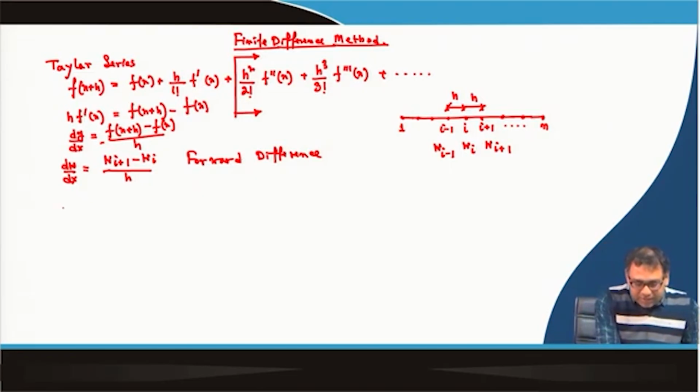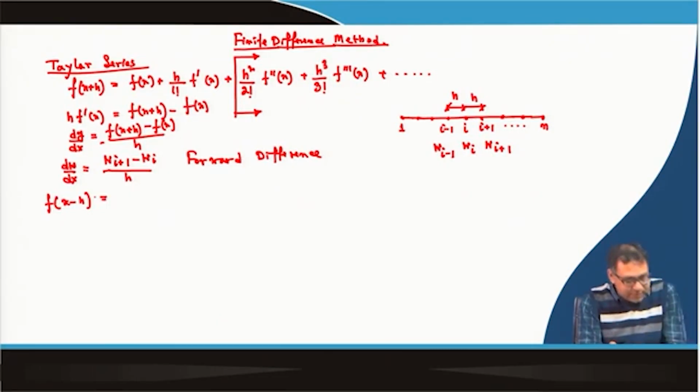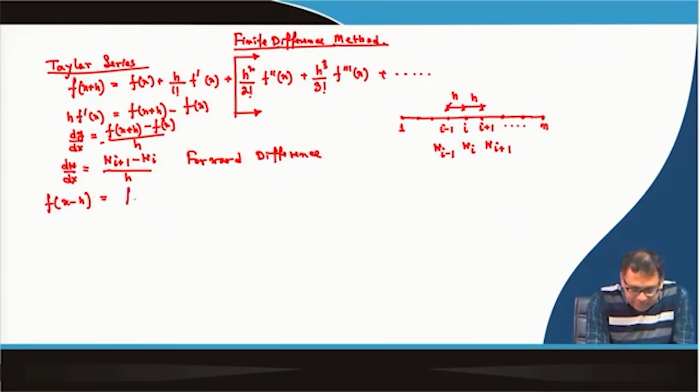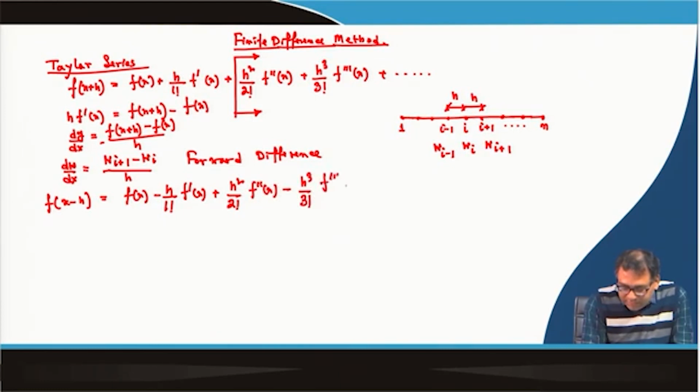Now, similar to the Taylor series, if I write the expression for f of x minus h, then I can write this as f of x minus h f dash x plus h square by 2 factorial f double dash x minus h cube by 3 factorial f triple dash x plus so on.